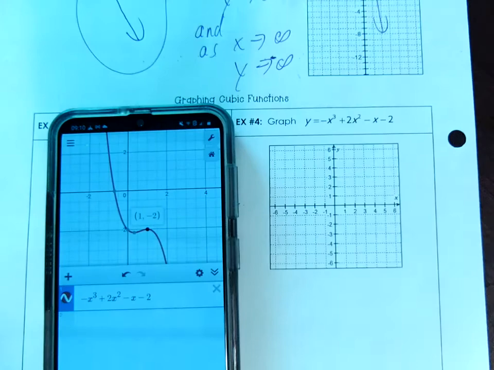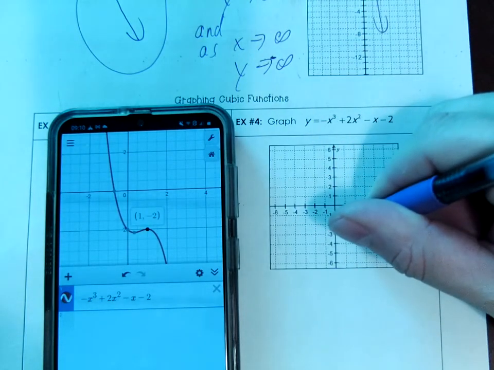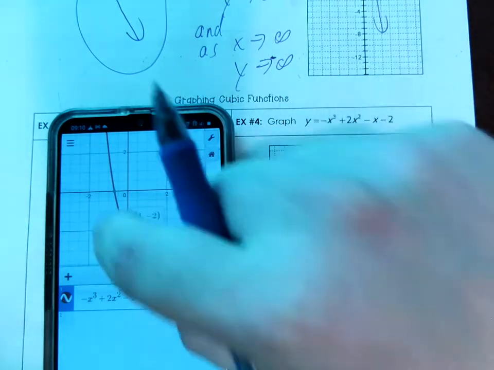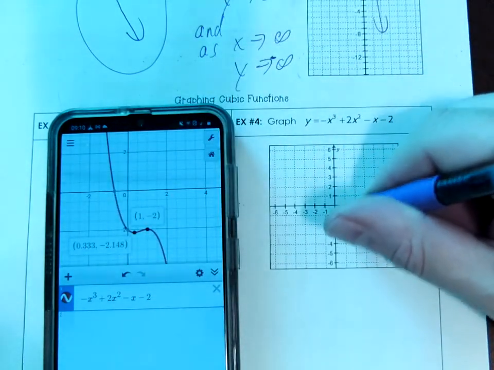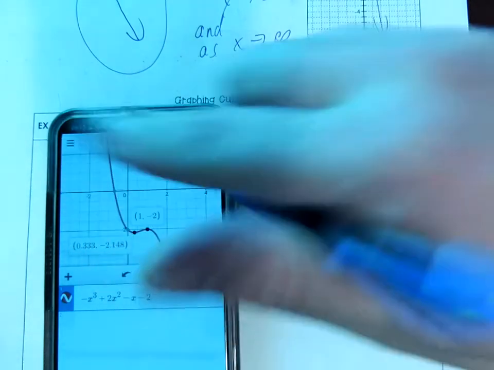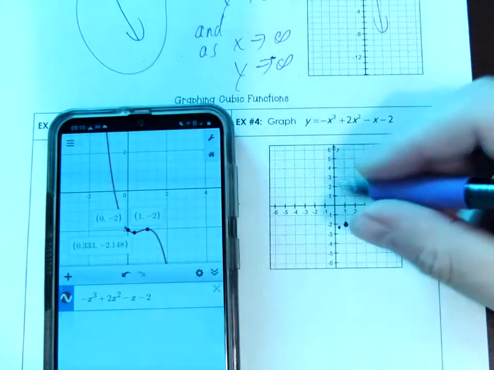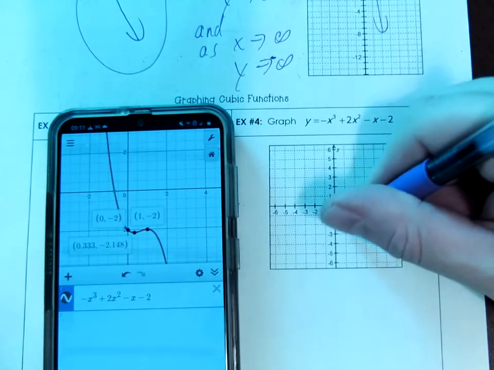One's at 1, negative 2. And the other one is at 1/3, negative 2. So it's basically just a little bit below it. And then it has a y-intercept at 0, negative 2. So those are the important points here on this particular graph.